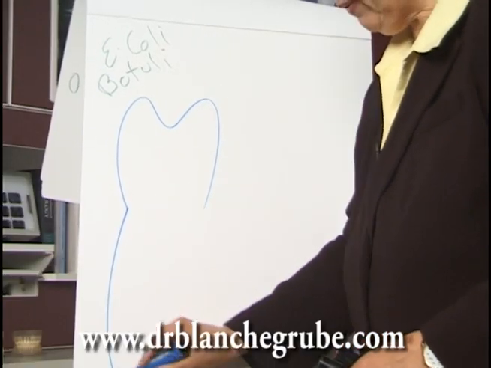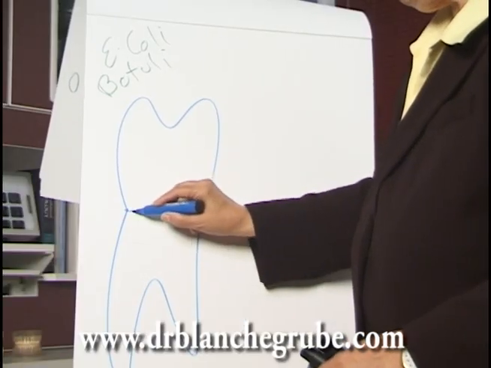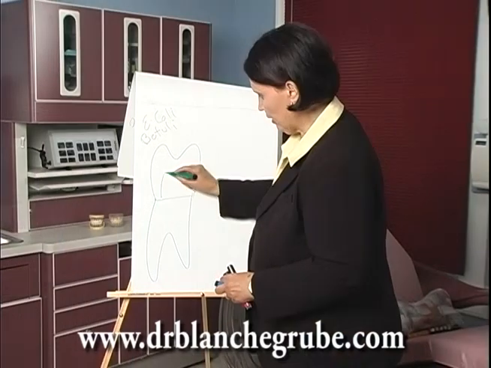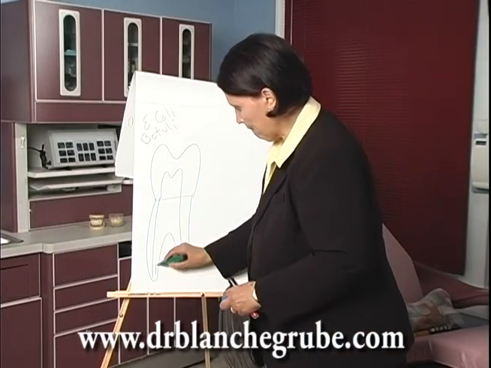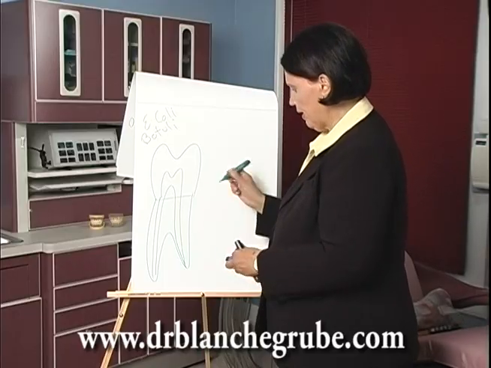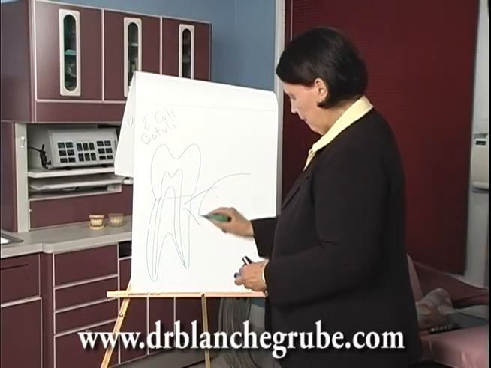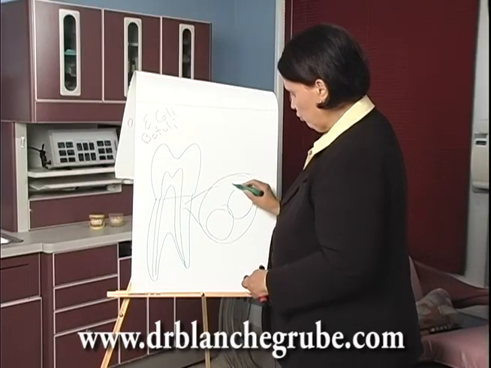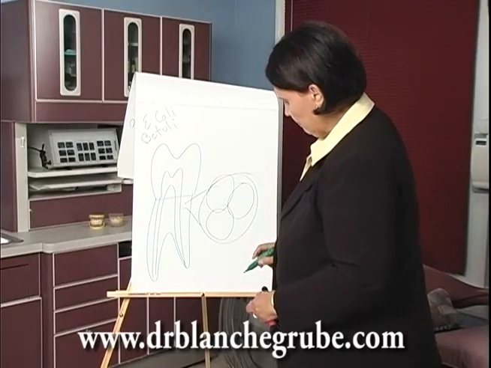Here's our tooth again. Here's our sealed root canal. And again, we've got Pepe, Jose, and Manuel living in these tubules. Well, that's interesting.